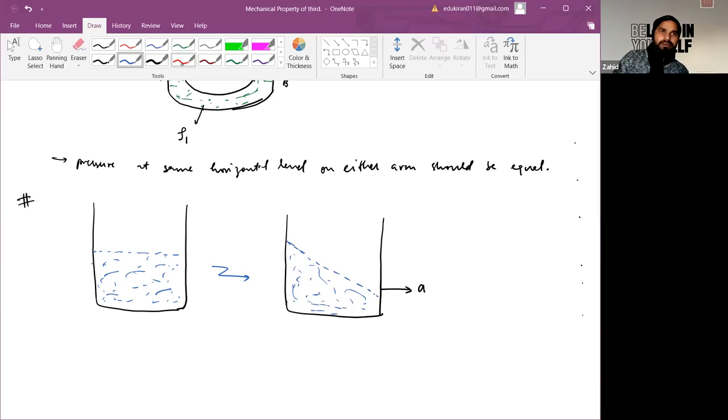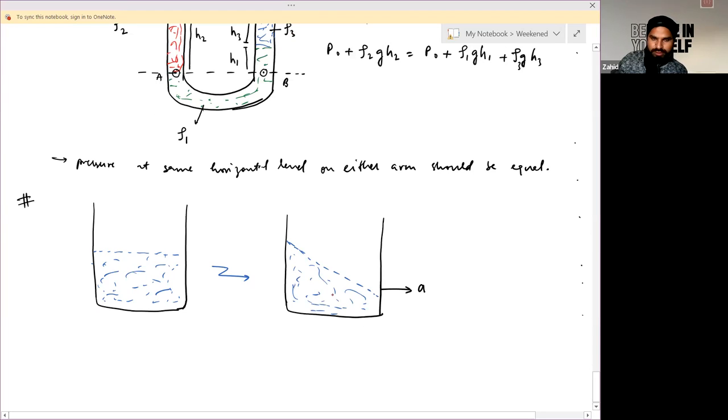If you draw a horizontal line at this, having inclination theta, then A will be equal to g times tan theta, where this is the perpendicular and this is the base.